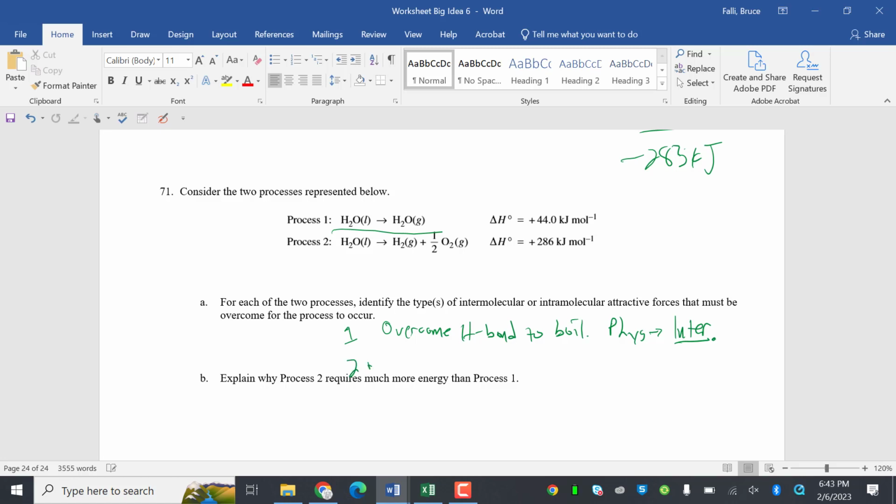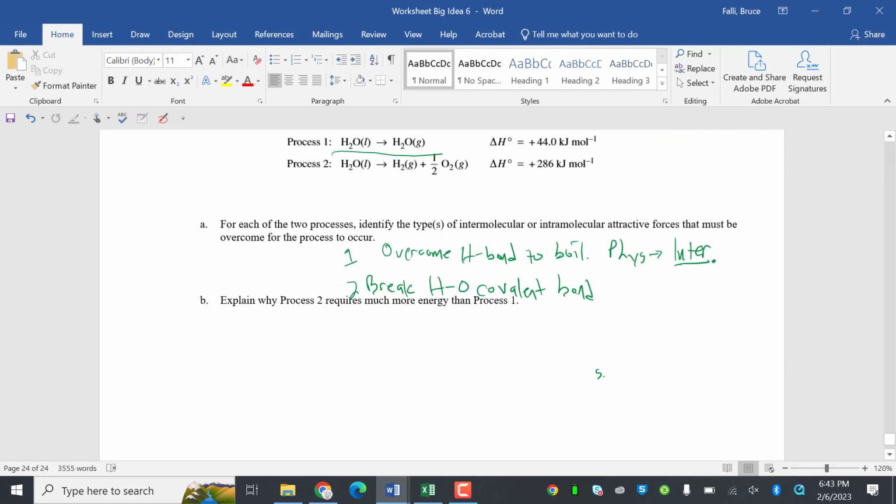So number two must break H to O covalent bonds. So process 2 requires much more energy than process 1.